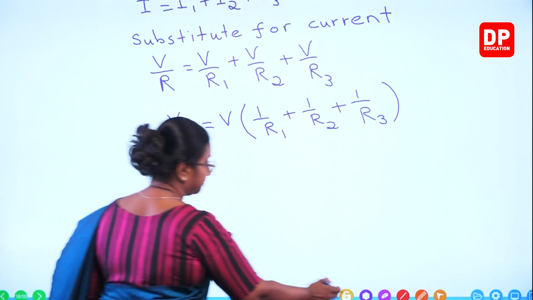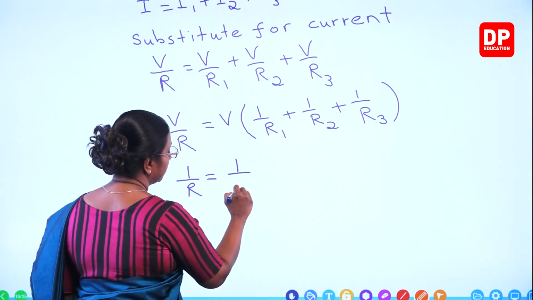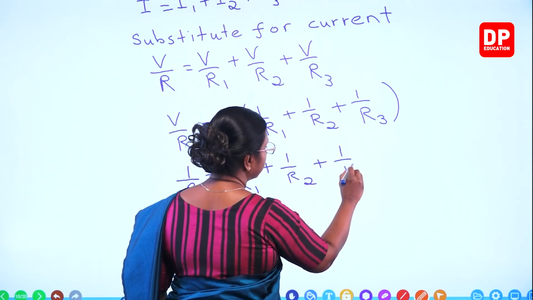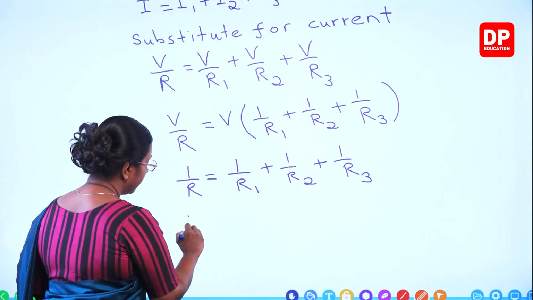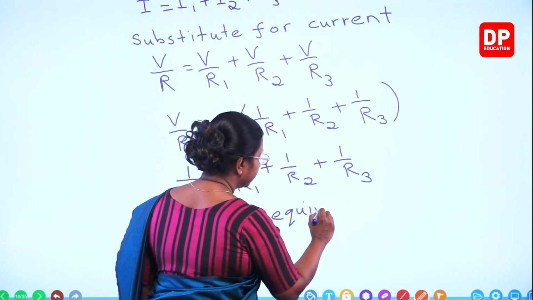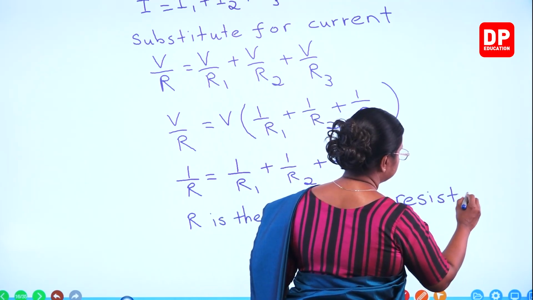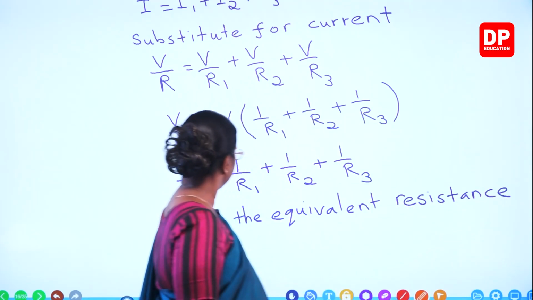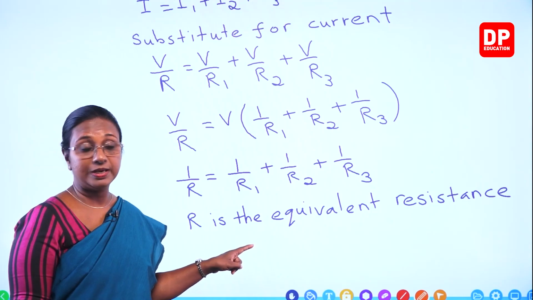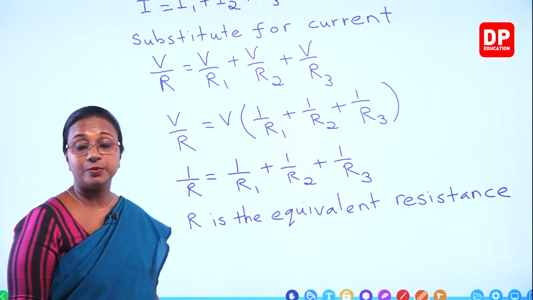So from this, you will get the relationship 1 over R is equal to 1 over R1 plus 1 over R2 plus 1 over R3, where R is the equivalent resistance. So here we have the relationship for reciprocal of equivalent resistance.